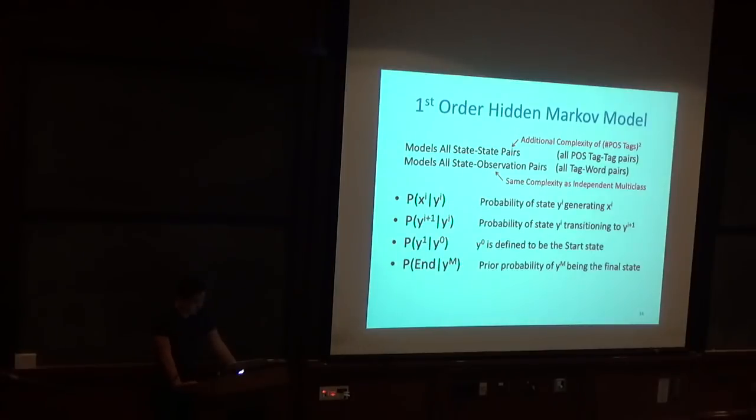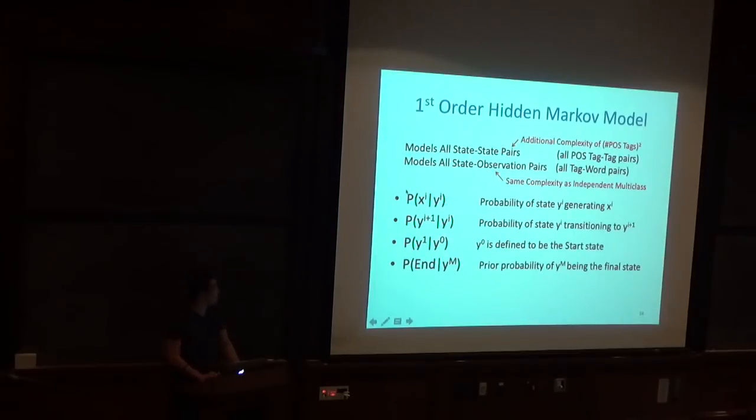Let's look at the number of parameters in these probability tables. For P of y i plus 1 given y i, the number of parameters, if we take a tabular representation, is the size of the output vocabulary squared. So in our example, that would be 6 times 6, which is 36.